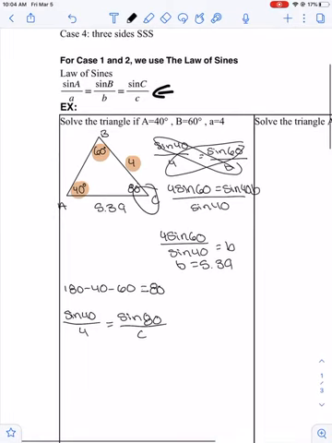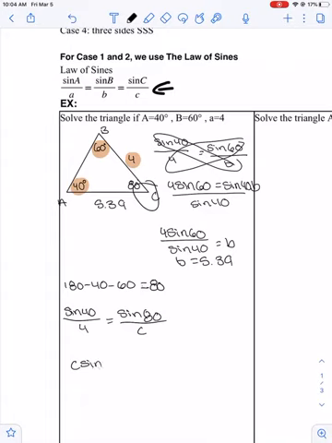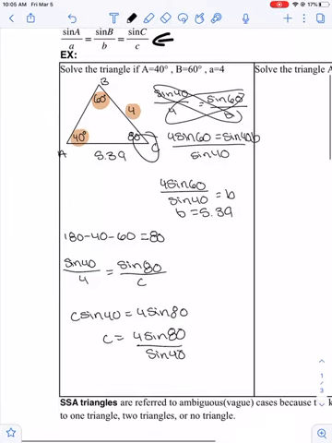Cross multiply, I get c sine 40 equals 4 sine 80, so c equals 4 sine 80 divided by sine 40. Plug that into my calculator and I get c equals 6.13. And I went back and labeled everything that we found on our triangle.